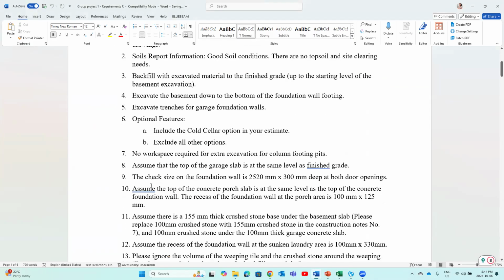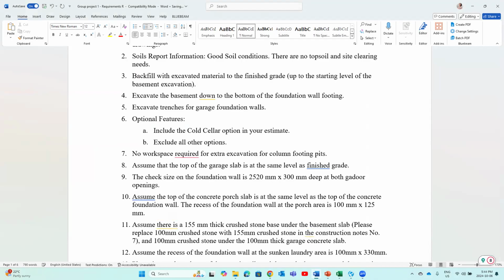For example, the size of the garage door, right? The check size on foundation wall for garage door is 2520 by 300 millimeter depths at both sides of the garage door opening. See, I have this, right?